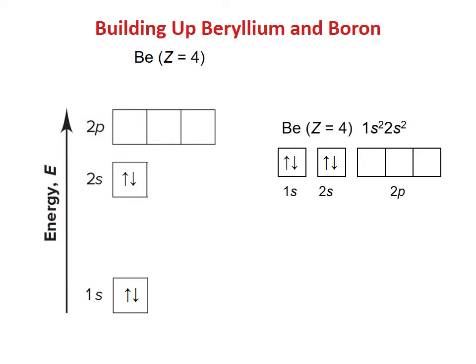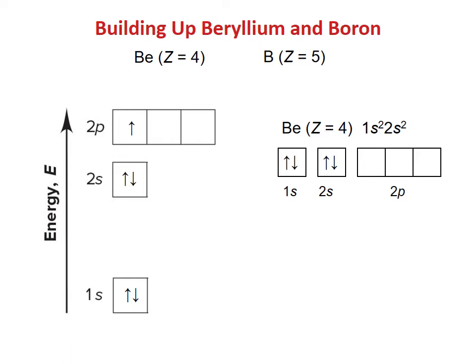Now, what about boron? Boron has 5 electrons, so we have 1 more electron, and the higher energy level than 2s is 2p. We have 3 of them. They are all equivalent, with different orientations. So the 5th electron should go to any of those. And by convention, we start with the left one.